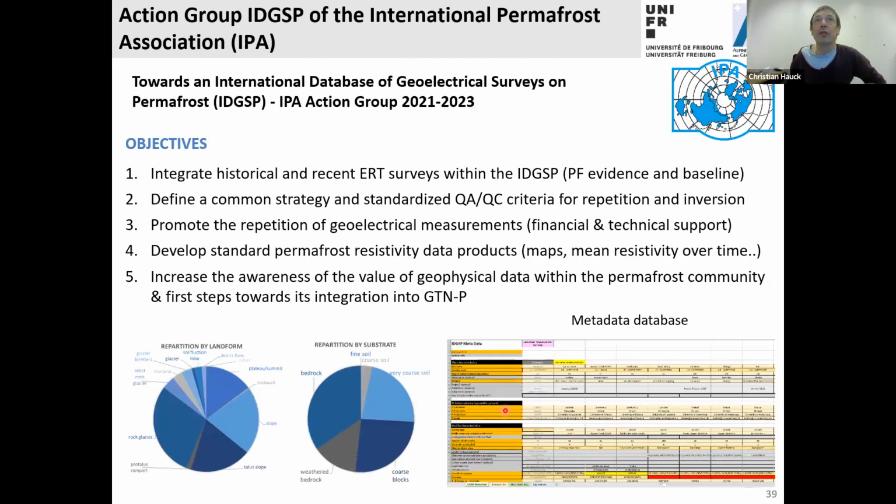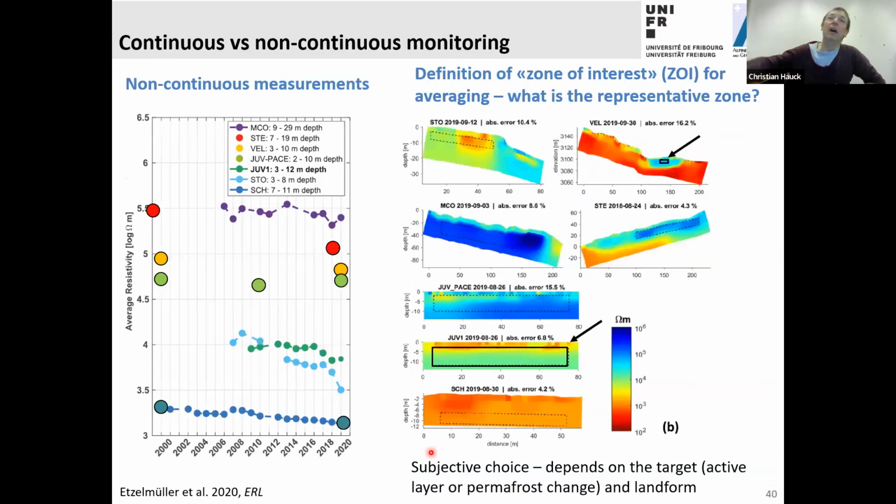As I said, this is the reason why we want to have this database, because then we can go back 20 years later. That's this example here, one part which I measured in my PhD. I went back 20 years later, and now the question is, can I relate this change in resistivity to climate change the same way as we did with the continuous measurement? Is that possible, or are there uncertainties in there?